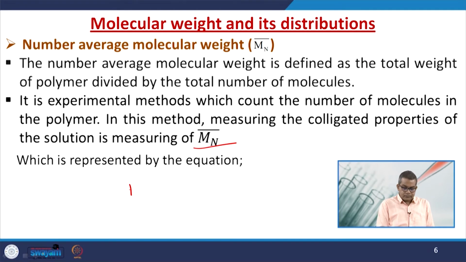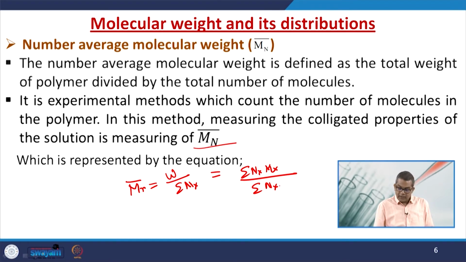Now, here the equation, or sometimes it is referred as, where Nx is the number of moles whose weight is Mx. This is the summation over the different sizes of polymer molecules, where x goes from 1 to infinity.